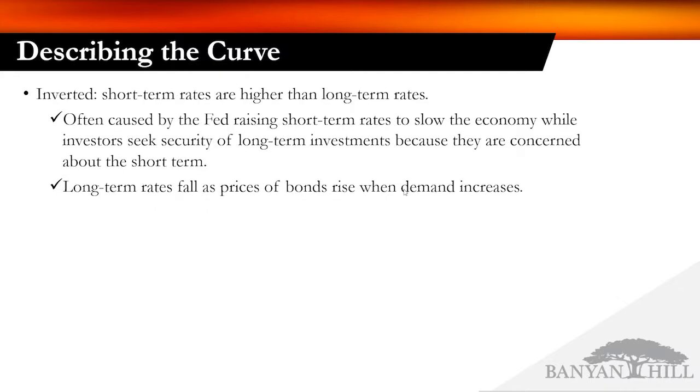And eventually it could invert. This will indicate that short-term rates are now higher than long-term rates. This is relatively rare, but what it shows is that investors don't really want to focus on the short term. They're looking past the short term because they feel there's a lot of uncertainty in the short term. They're seeing signs of recession.